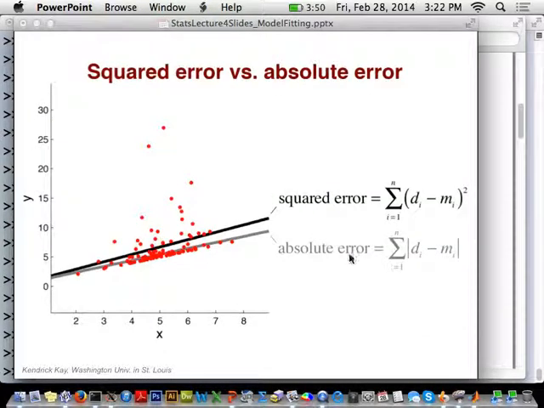But this shows you there's a nice parallel between this idea of using non-parametric or robust summaries of data and this idea that we might not want to just minimize squared error, which is the typical default, but maybe we want to minimize the absolute error because that's a more robust way to describe or summarize our data.